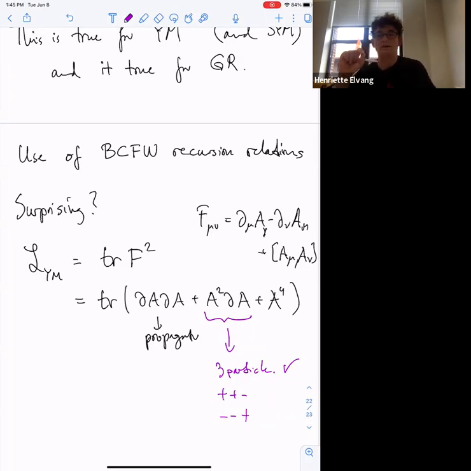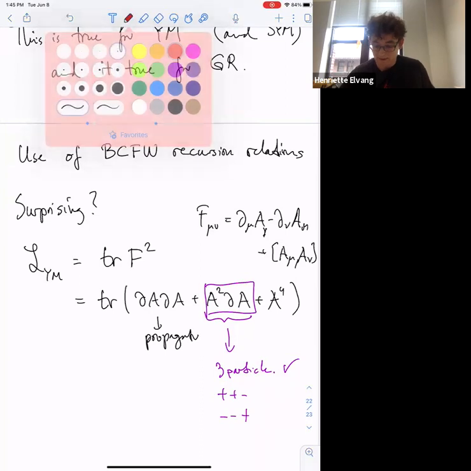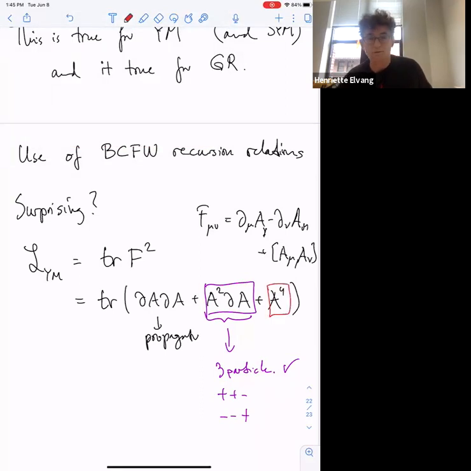What is surprising is the statement that I can just take the free particle input, this part, and determine all tree-level amplitudes. Because after all, when I use Feynman rules, it seems to be important that there's also an F to the 4 term. So it's very surprising, perhaps, that you can determine all n-point tree-level amplitudes from just the free particle information when the Lagrangian has this 4-particle interaction.